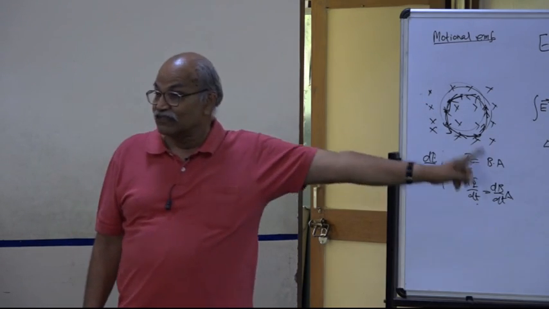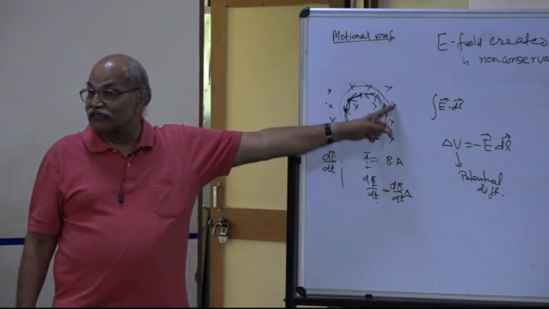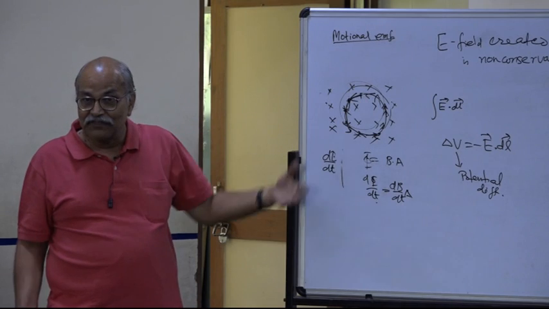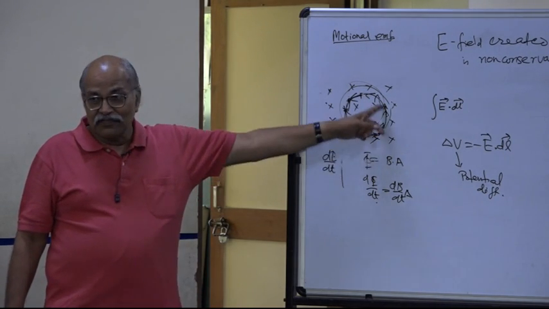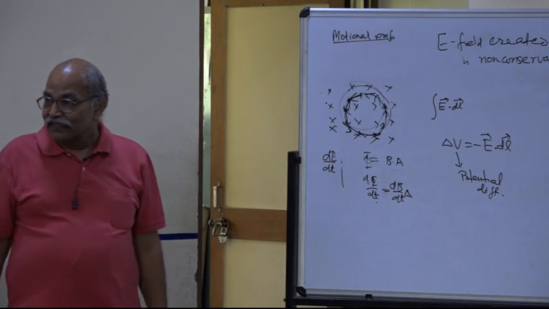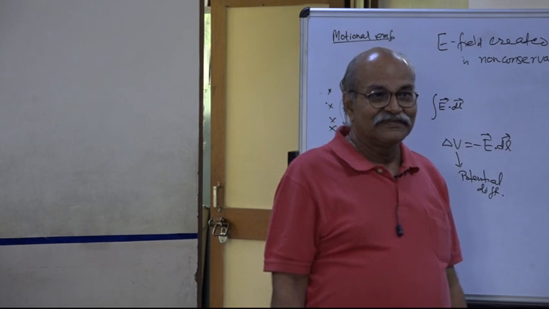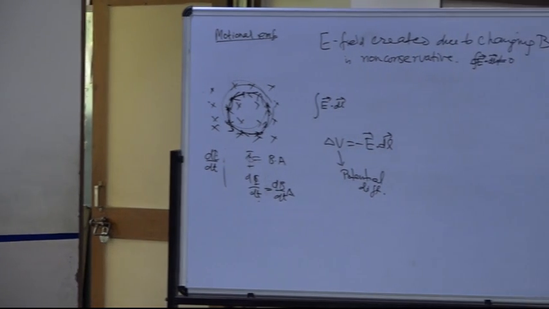The field lines. This is a field line. Tangent to the curve is showing the direction of electric field everywhere. That is the definition of field lines. So you have this field line. Now this field line does not start from a point and does not terminate at a point, like magnetic field.